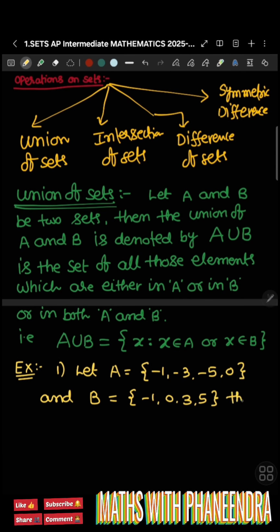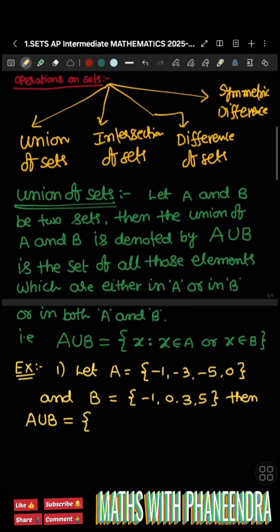Then A union B equals, according to the definition, the set of all those elements which are either in A or B or in both.